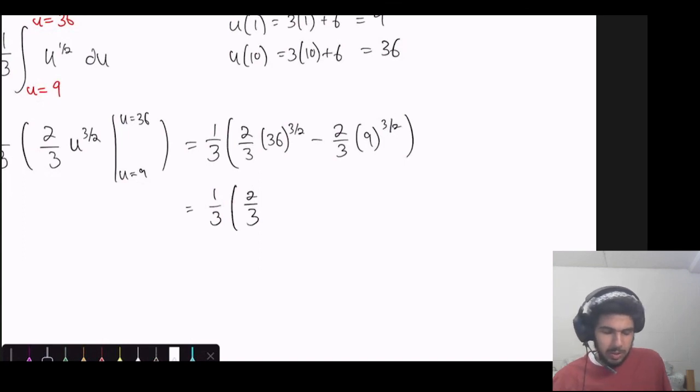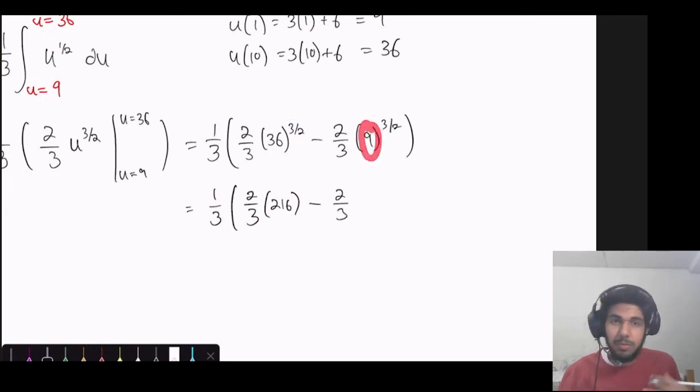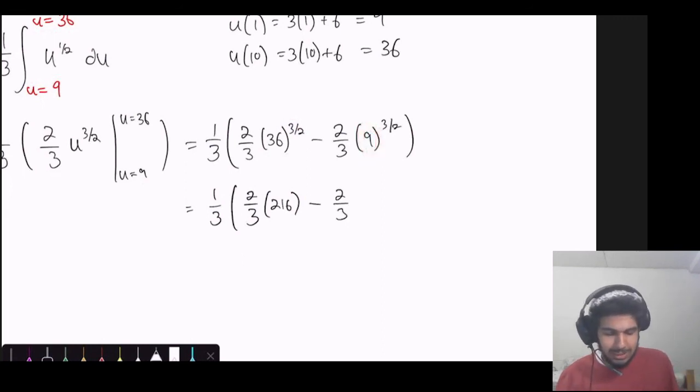2/3, okay, 36 to the 3/2. Well, 36 to the 1/2 power is the square root of 36, which is 6. And then we want to cube that, so that's equal to 216. Minus 2/3. We'll do the same thing. Square root of 9 is 3. 3 cubed is 27. Okay, so we get that.